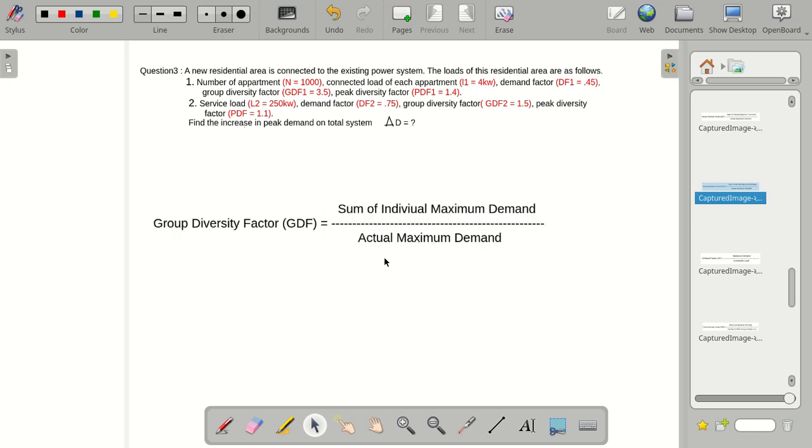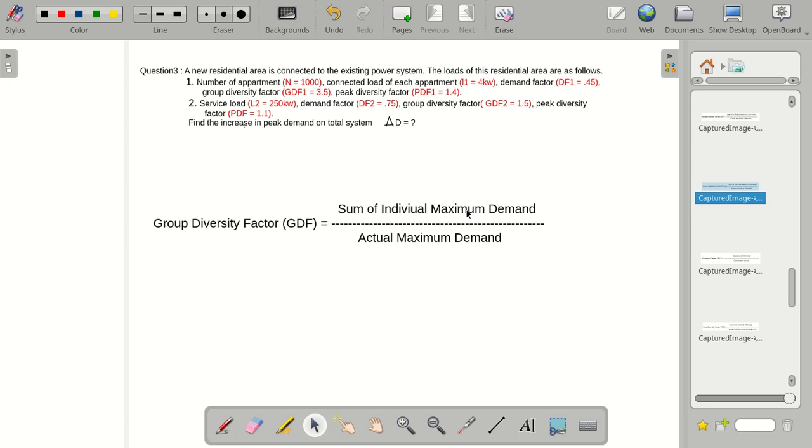This is called the group diversity factor, GDF: the sum of individual maximum demands divided by the actual maximum demand. The actual maximum demand and the sum of individual maximum demands differ. Imagine there are 3 lights in your room and each light has a maximum demand of 3 kilowatt, but you will not switch on all three lights at the same time.